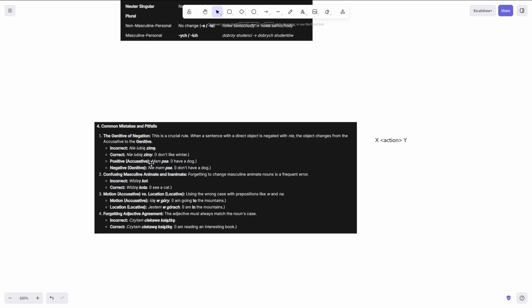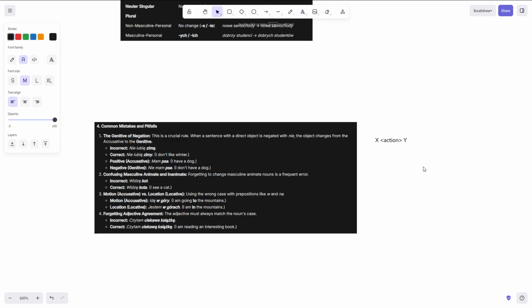Other example, I have a dog, mam psa, and in this case, psa is the accusative form of the dog, but in a negative sentence, that you do not have a dog, nie mam psa, we use the genitive form, which is exactly the same, okay? But it is not always the case.